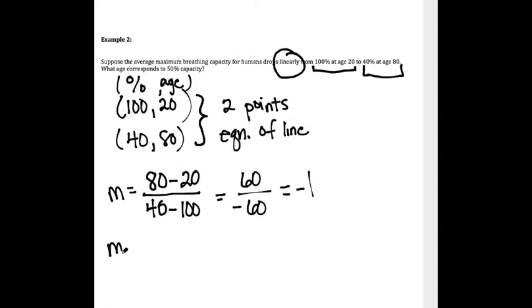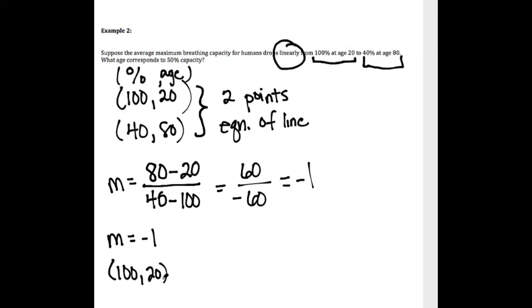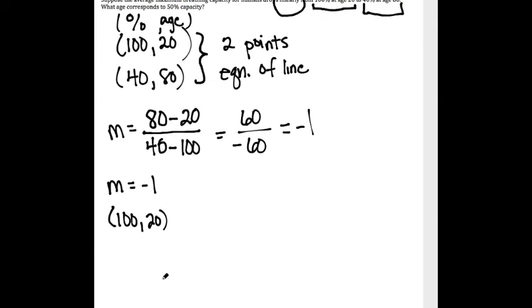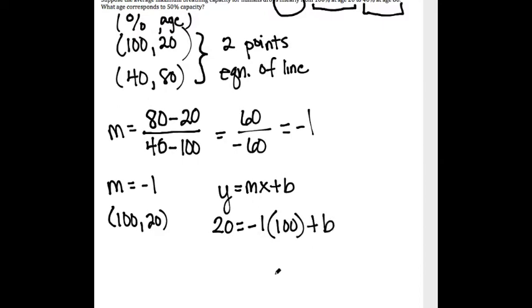Now my slope is negative 1, and I pick either ordered pair to deal with. It doesn't matter which one you pick. I'm just going to pick the first one, the point 100, 20, and use that information to write my equation. Remember, we're talking about slope-intercept form, so y equals mx plus b. My y value is 20, my slope, or my m, is negative 1, my x is 100, and I'm solving for b.